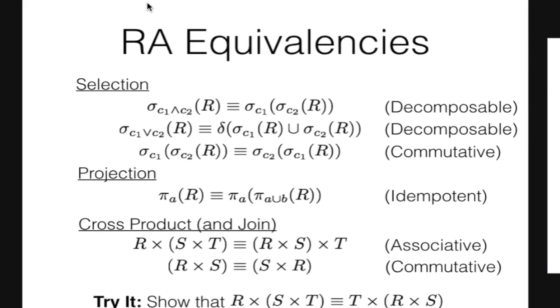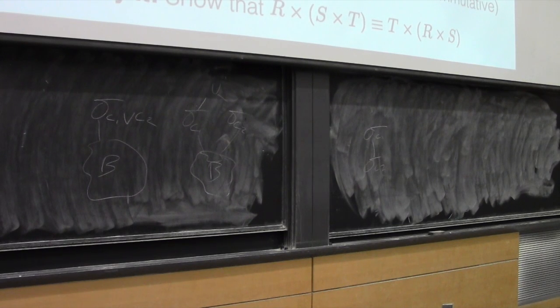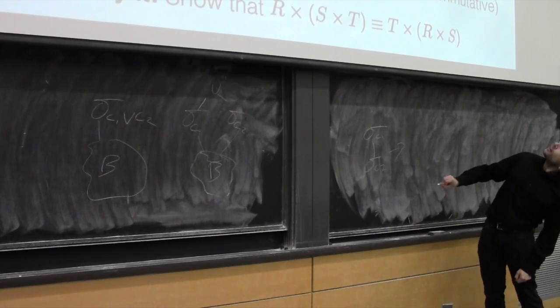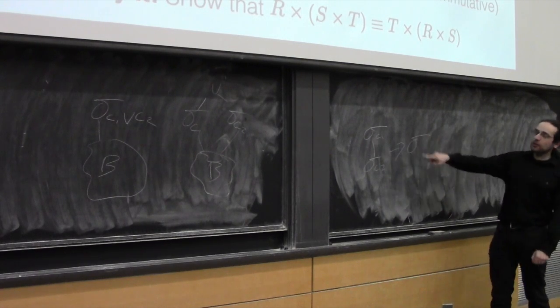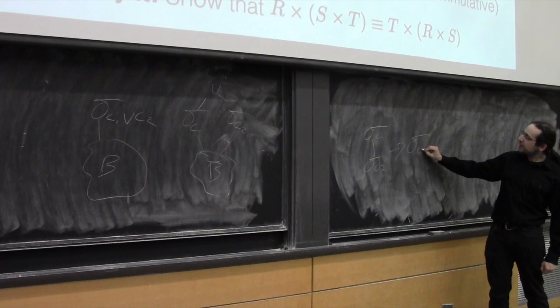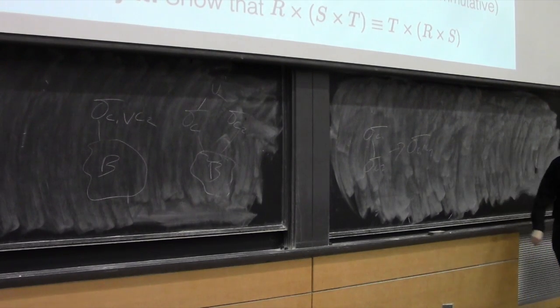Yeah. I suppose you could just say, so for the commutative part, if you take the first one, that would be equivalent to the selection of C1 and C2. Ah, okay, so these work backwards too. Excellent. Double the number of properties. So this whole thing is equivalent to what? C1 and C2. Sweet. Okay.